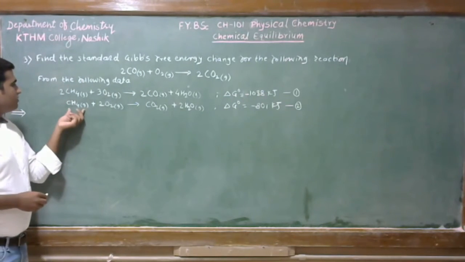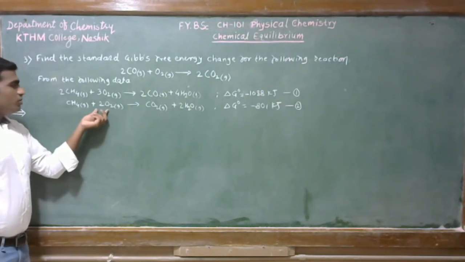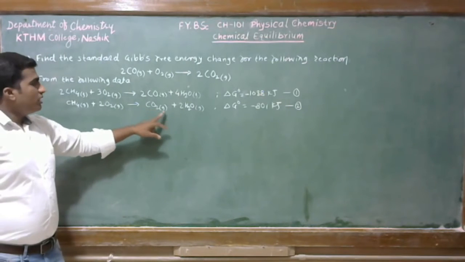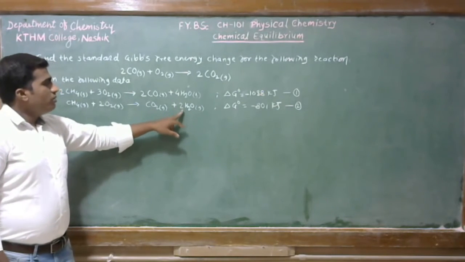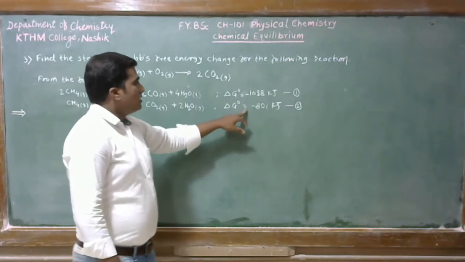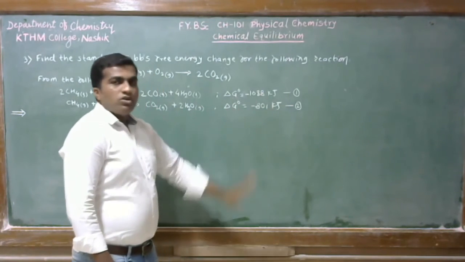Second reaction: CH4 gas reacts with 2 moles of O2 gas, giving CO2 gas plus 2 moles of H2O gas, and delta G naught is equal to minus 801 kilojoule.